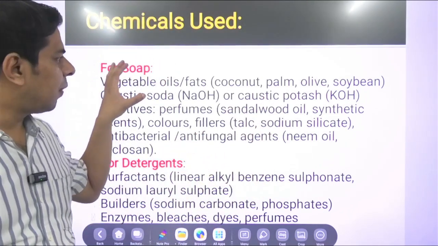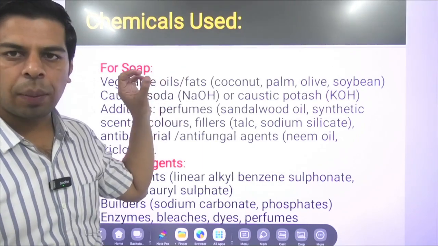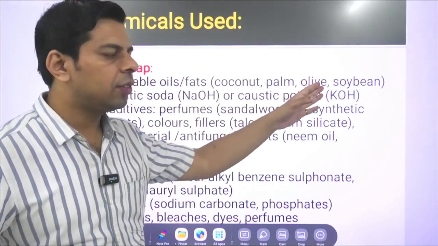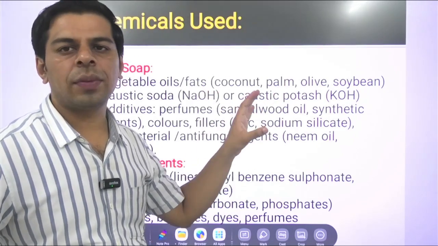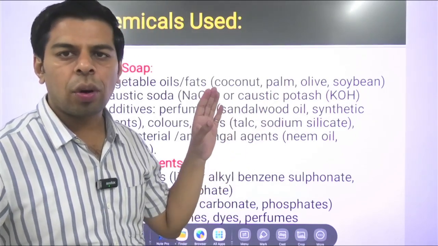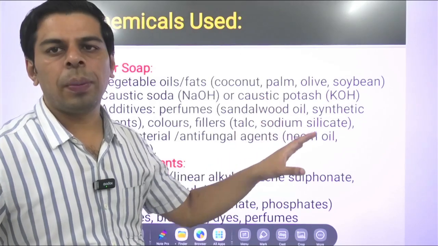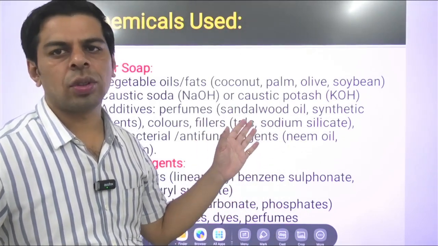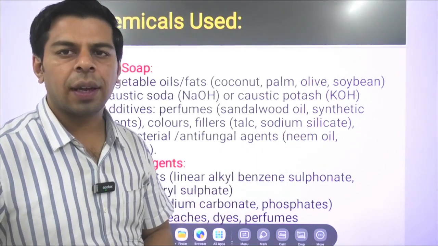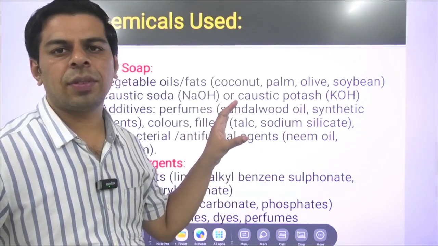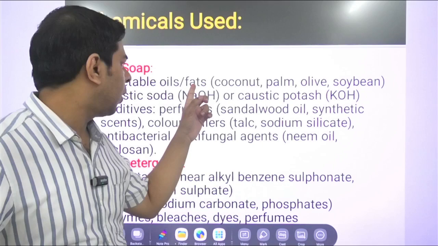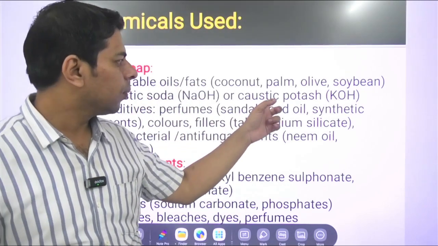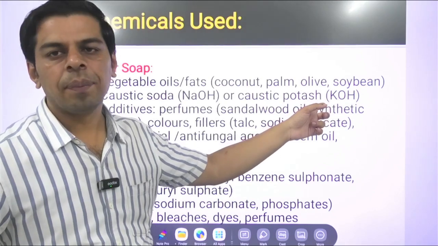For soaps, vegetable oil or fat is the primary raw material, typically coconut, palm, olive, soybean. These are the ingredients majority of the time employed in the soap making industry, and soap can be prepared at home as well, since it is a chemical reaction in which fats and oils are reacted with caustic soda, which is sodium hydroxide, or caustic potash, which is potassium hydroxide.